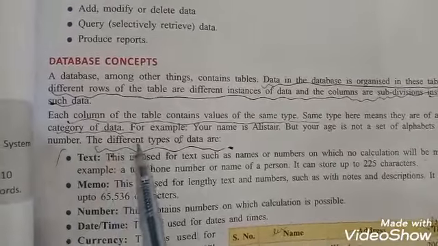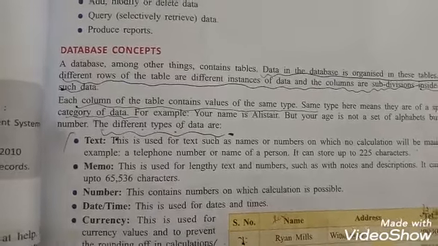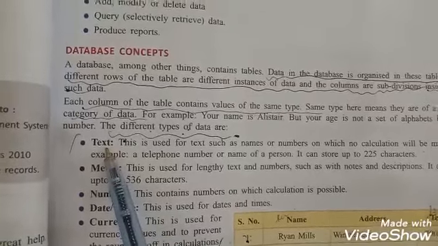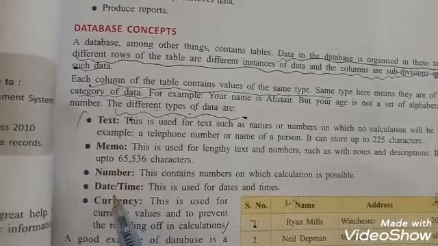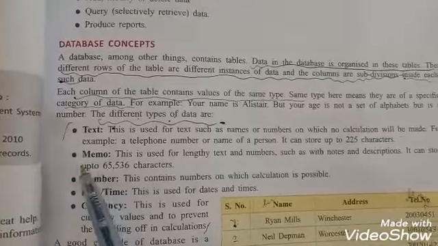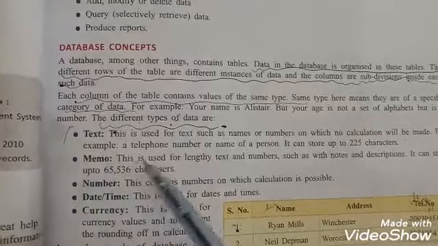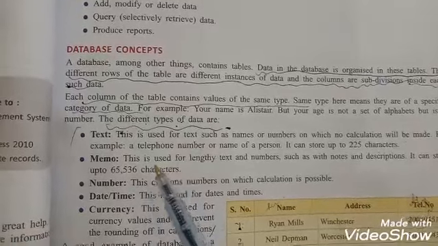We can enter different types of data in database by recognizing the data type, like this: text, memo, number, date and time, and currency. In text, you can enter a telephone number or name of a person.